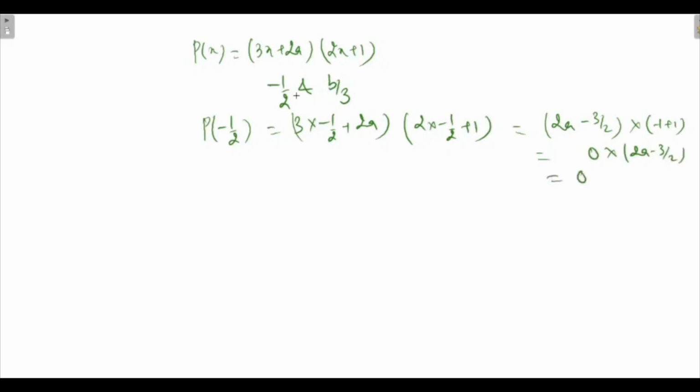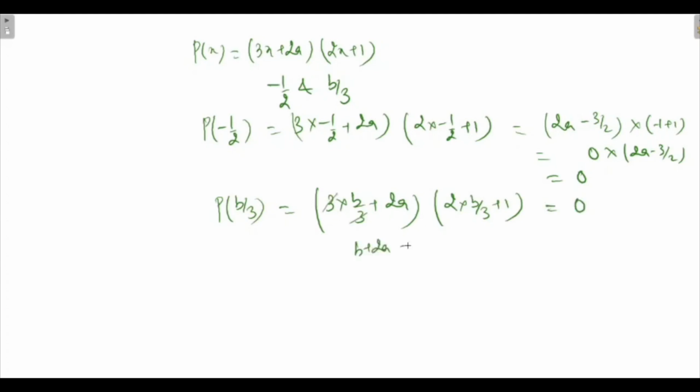And then this is fine. Then the second thing is b by 3. If I do this, what will happen? 3 into b by 3 plus 2a would be equal to 2 into b by 3 plus 1. So if this is a zero of this polynomial, then this should be equal to 0, which means that either b plus 2a is equal to 0 or 2b by 3 plus 1 equals 0.